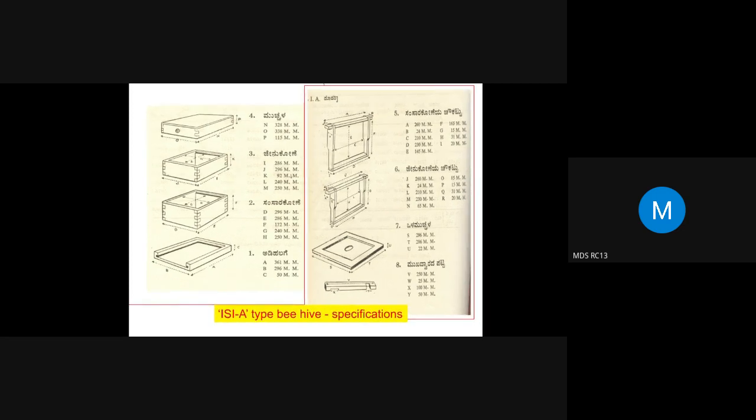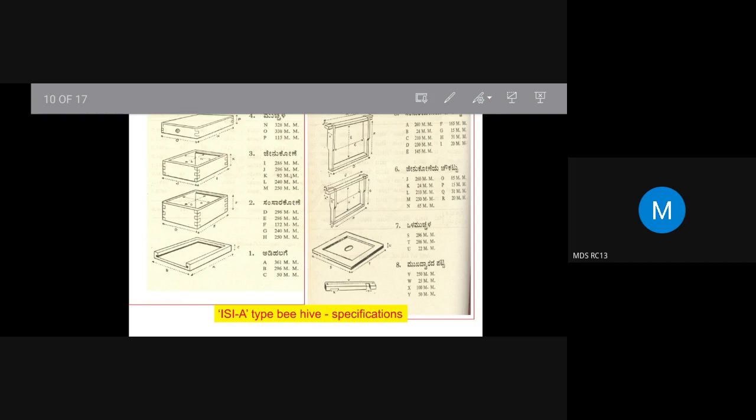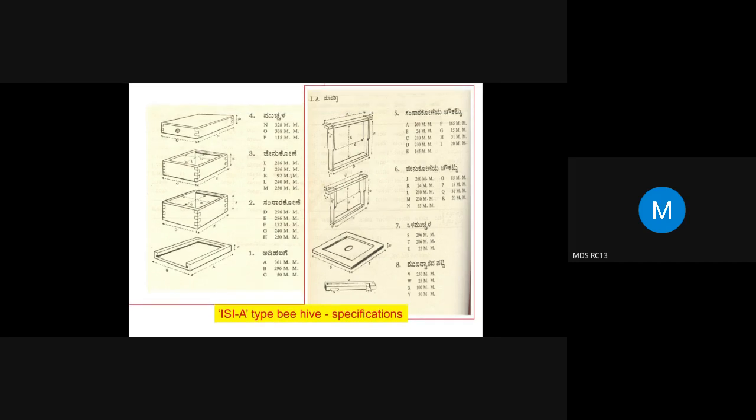And the next one is the brood chamber, where different stages of honeybees are reared, which is the larger chamber.